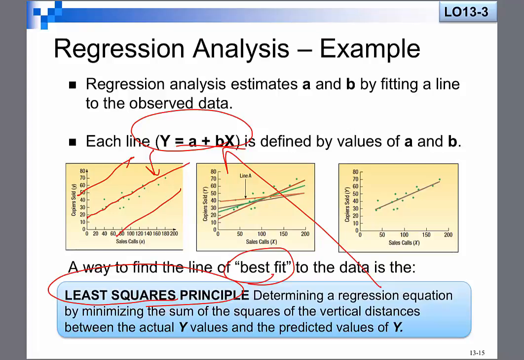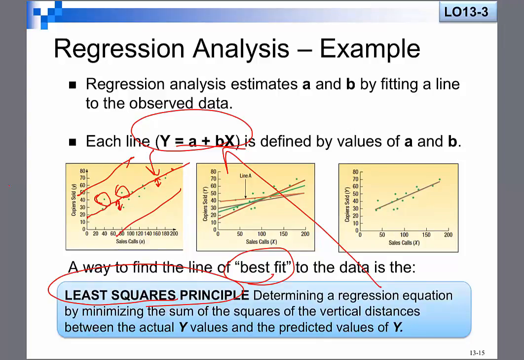This is a vertical distance between the actual Y values and the predicted values of Y. Remember, each dot is an actual Y value. We got the dots because we had the Y's in the X relationship. The predicted Y is going to be the Y's that exist on the line of best fit.